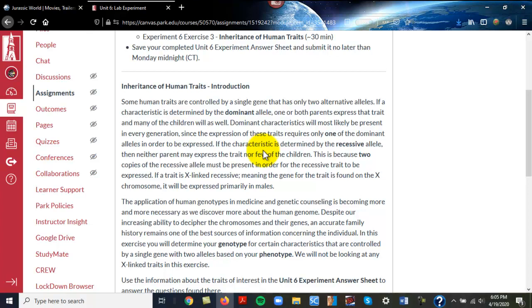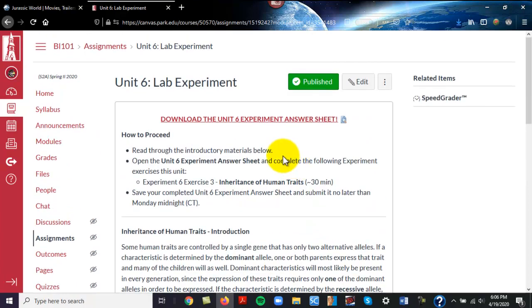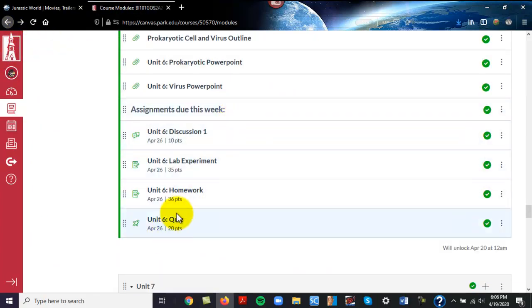But alleles are genes, and dominant means that it's going to be expressed over a recessive gene. The only way to get recessive traits is if you get 2 copies of a recessive gene. So you're going to go through, it's a pretty simple lab, and then here's the quiz.